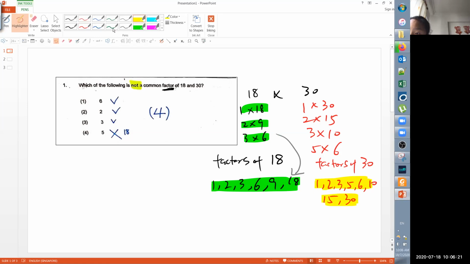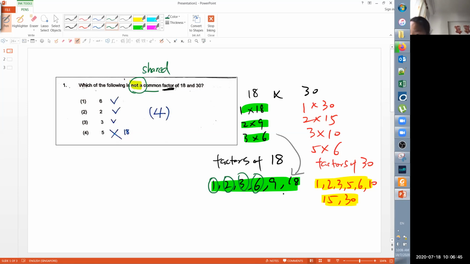What's the meaning of common? Common means shared, 两边都有. Over here it says not, so the question asks for not common. Let's find out what is shared first. 1 is shared, 2 is shared, 3 is shared, and 6 is also shared. The rest is not shared.